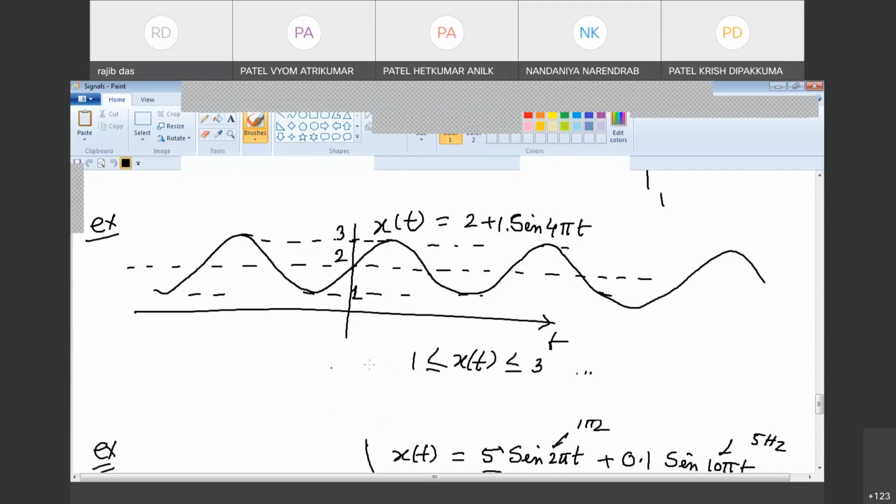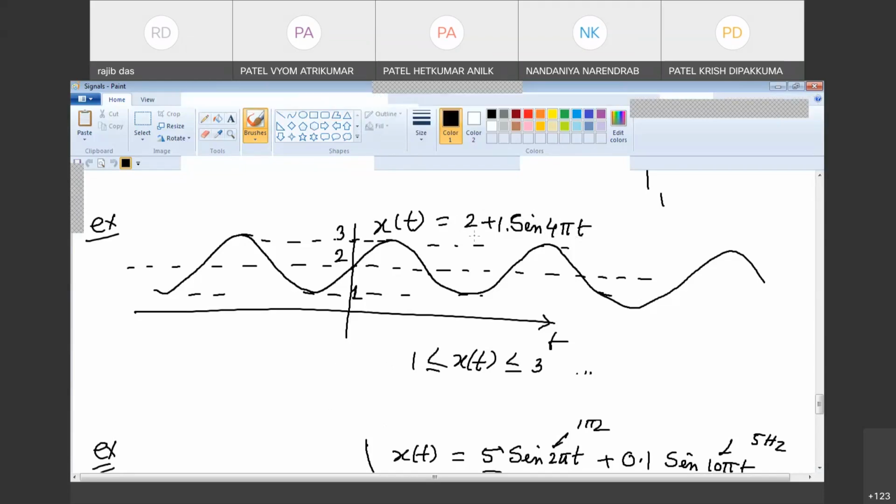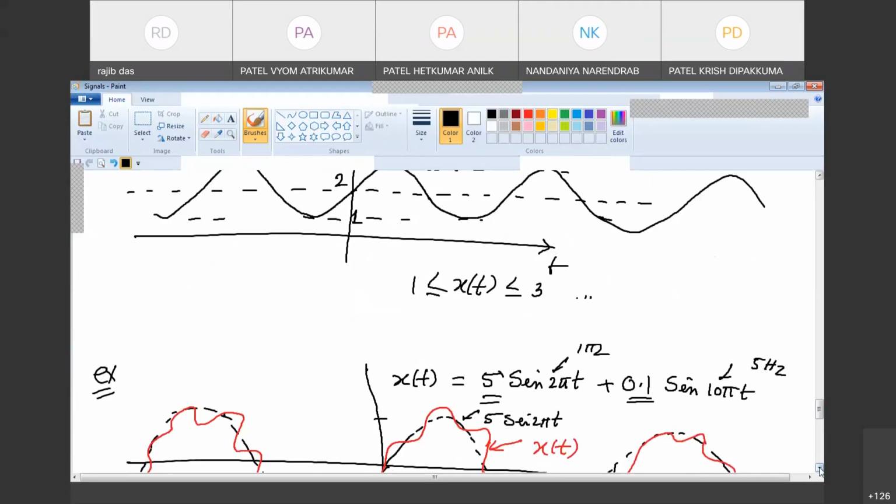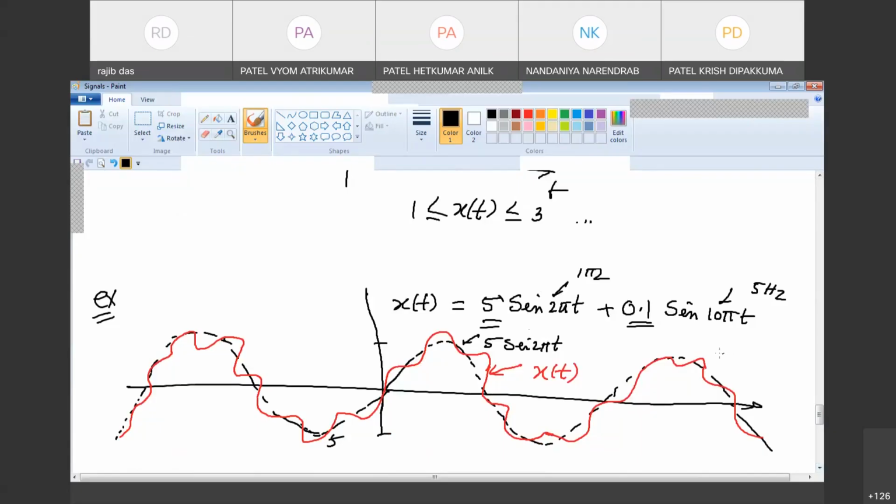So this is the 2, and this 2 is the DC level, and sine 4 pi t is the sinusoidal signal that will fluctuate around the 2 level. Similarly, if we add 2 sinusoidal signals, then first of all we have to consider the dominant signal, depending on the highest amplitude of the signals.